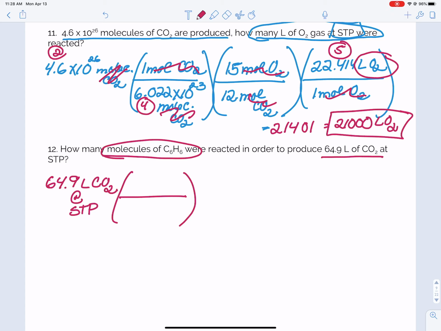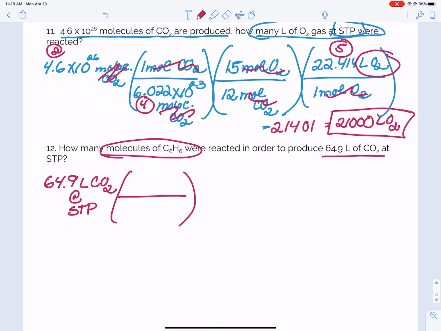Every single problem, the first thing I do is convert to moles. So 1 mole of carbon dioxide will have the volume of 22.414 liters.